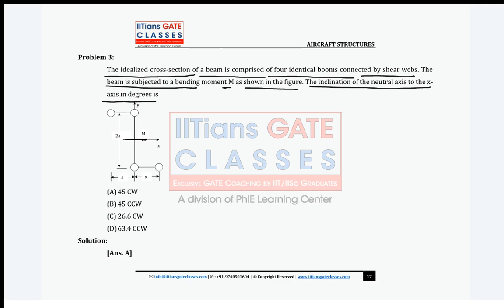So for anti-symmetric cross section, guys, we have seen this is your centroid, right? The point of anti-symmetry is the centroid, right? So one thing not required to find in this problem is the centroid.